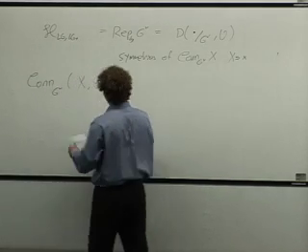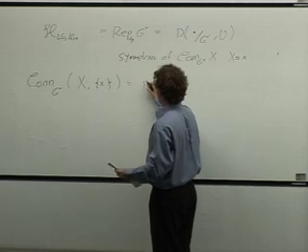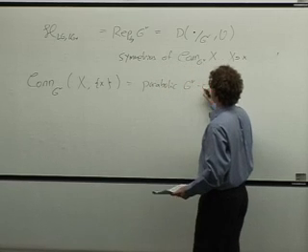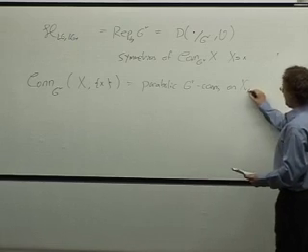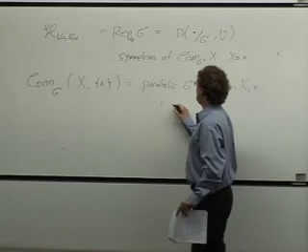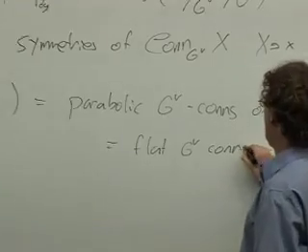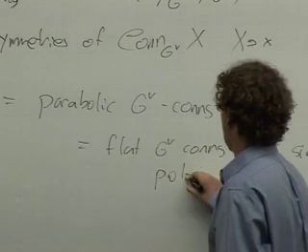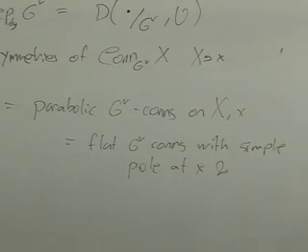So I look at the moduli space of parabolic G-check connections on X with respect to X, which means these are flat G-check connections with simple pole at X and a compatible flag.